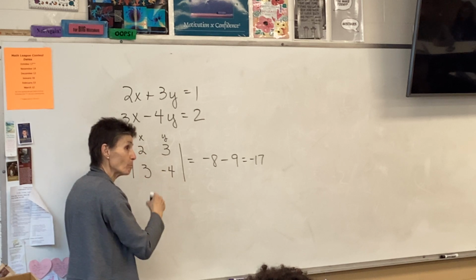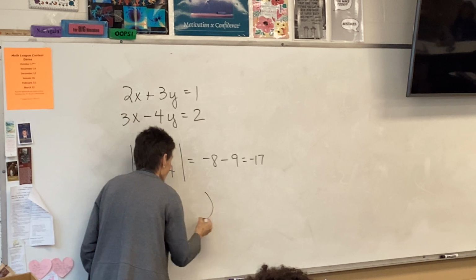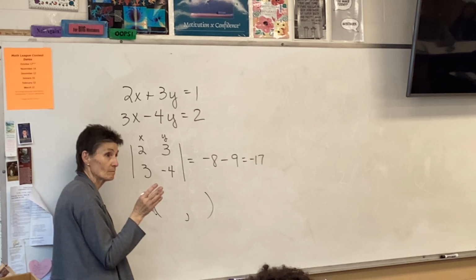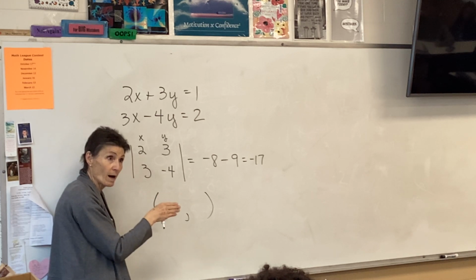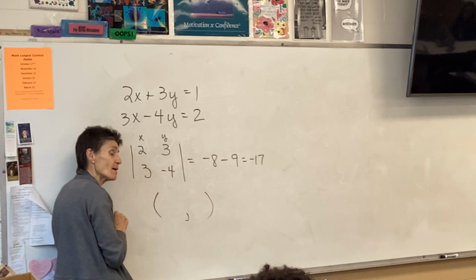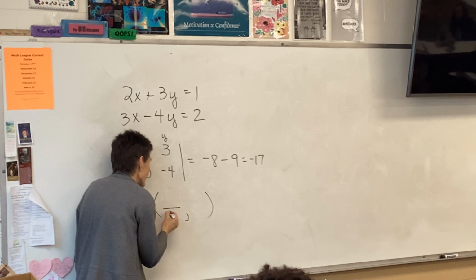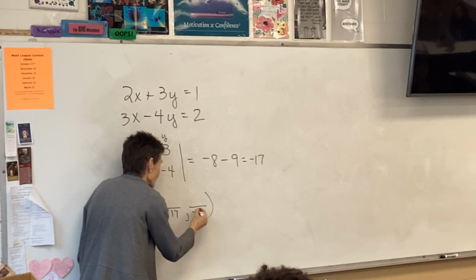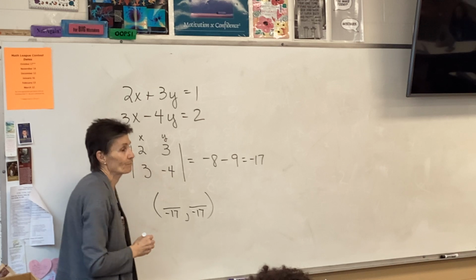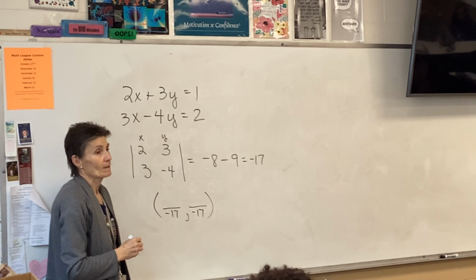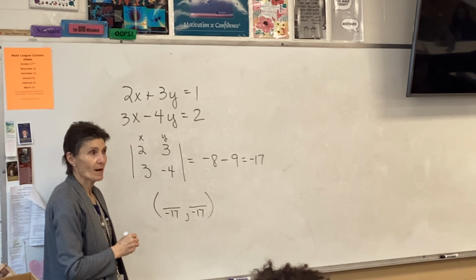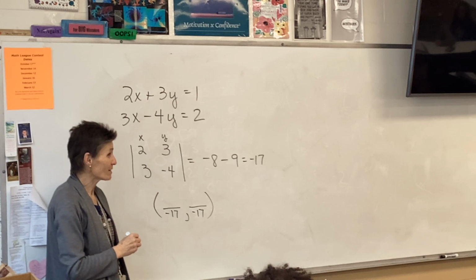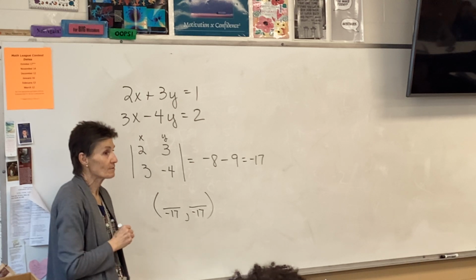The answer to the problem is going to be an ordered pair, right? x, y. That -17 is the denominator of both answers. So I'm gonna figure out what those numerators are, but whatever they are, they're over -17.